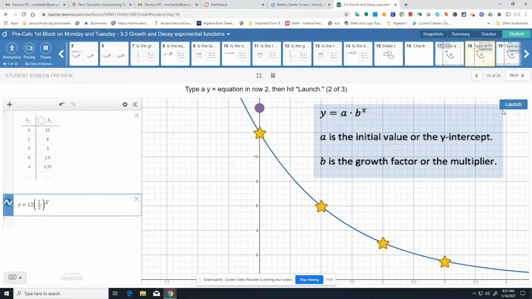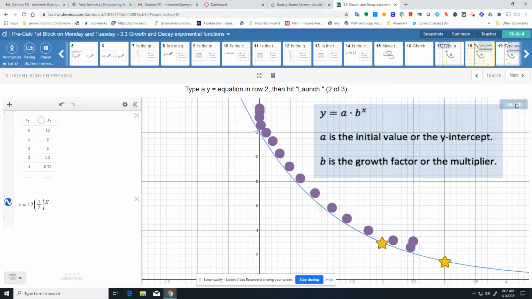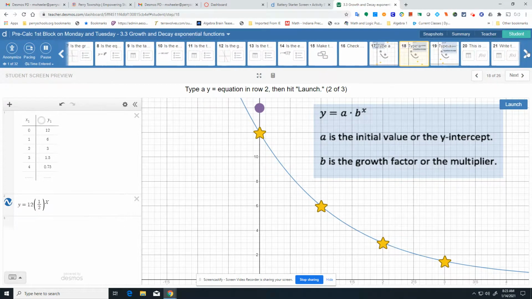Caps lock's on. Let's go ahead and hit launch. So look and find out what that y-intercept is. If the first number is 0, your second number is a y-intercept, and then what your multiplying factor is.